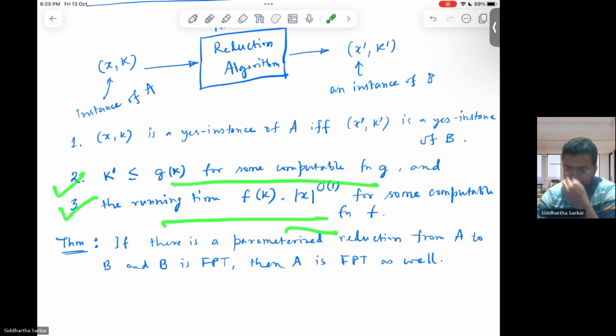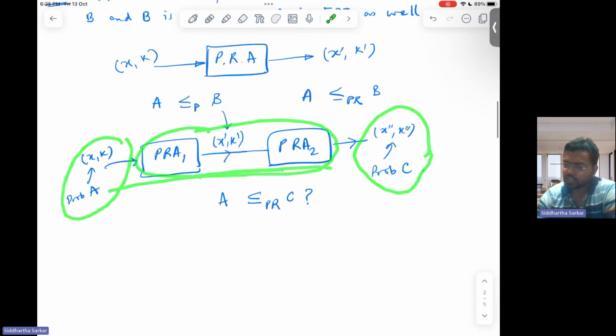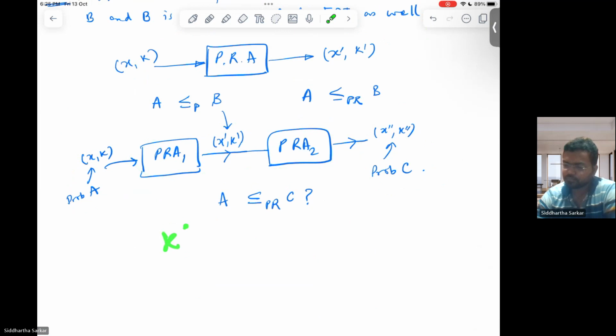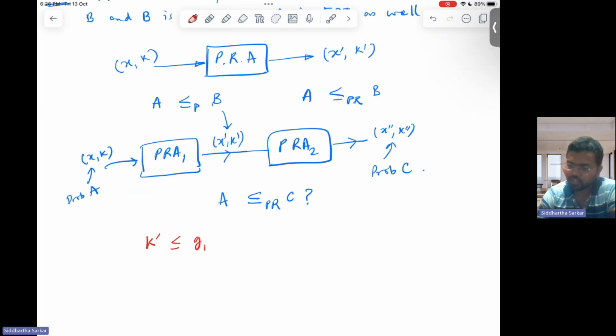That is the question. So it is easy to see that k dash is bounded by a function of k, let us say g1 of k, and k double dash is bounded by a function of k dash, let us say g2.